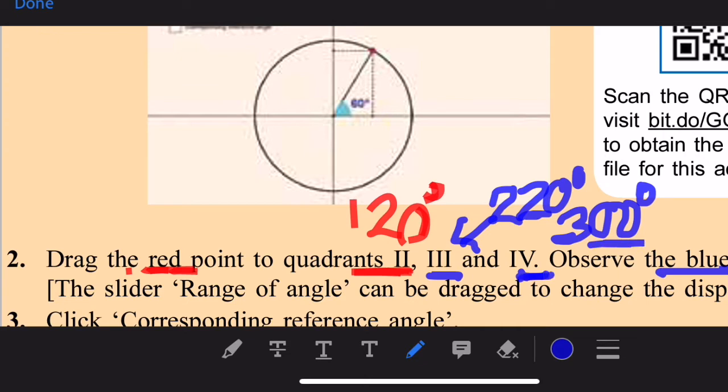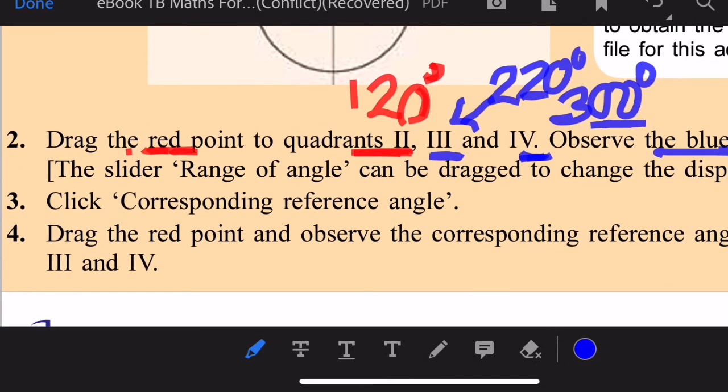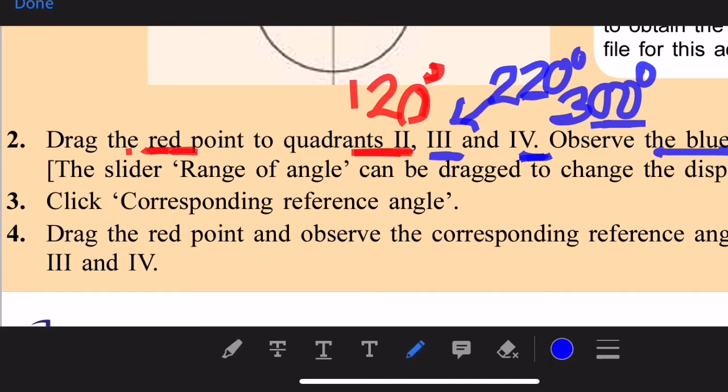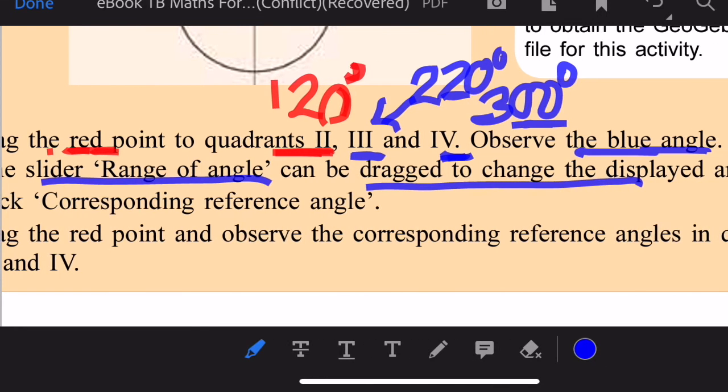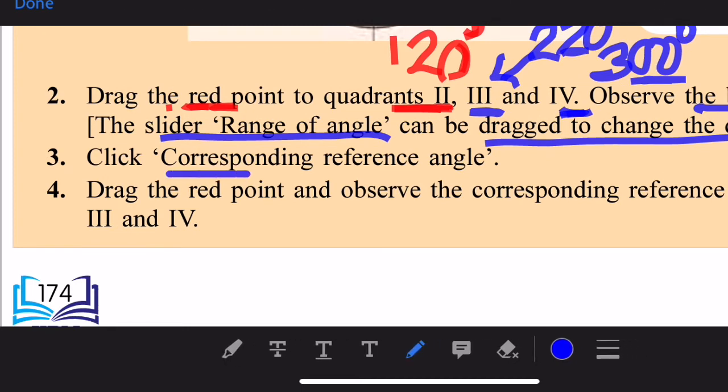If you keep adjusting the red point, you can read the corresponding angle in a certain quadrant. The slider range of angle can be dragged to change and display the angle. Click corresponding reference angle. There is a box for you to tick.